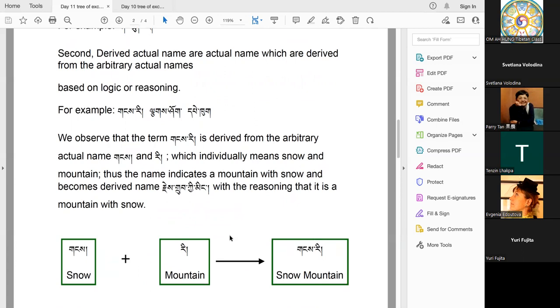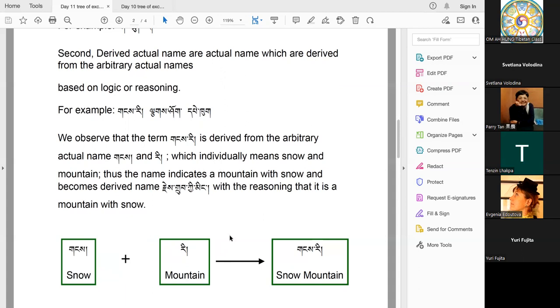Kangri means snow mountain because Kang means snow and Ri means mountain, and that is the logic behind the name. When we say Kangri, we ask, why do you call it Kangri? Because Kang means snow and Ri means mountain, and since it's a snow mountain, we call it Kangri.